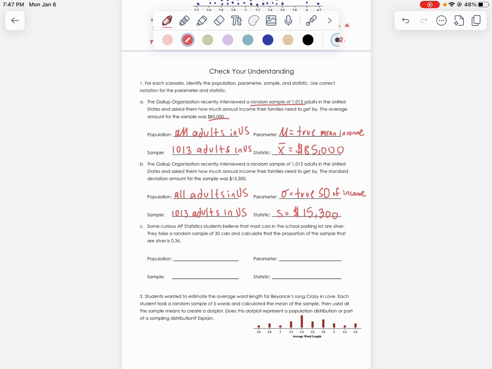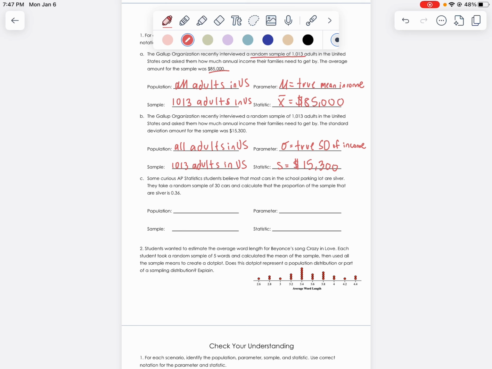All right, for part C. Some curious AP statistics students believe that most cars in the school parking lot are silver. They take a random sample of 30 cars and calculate that the proportion of the sample that are silver is 0.36. All right, so what is the sample? They took a sample of 30 cars in the parking lot. So the population would be all the cars in the parking lot.